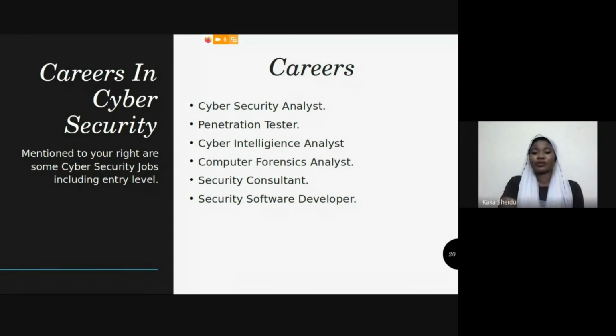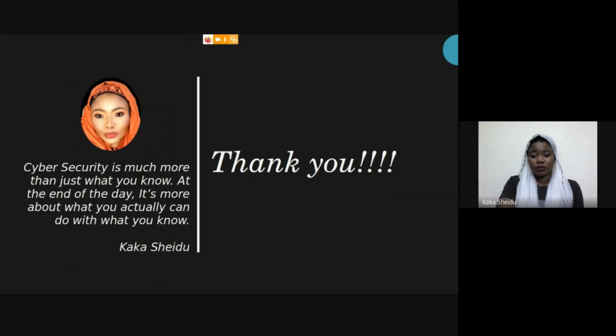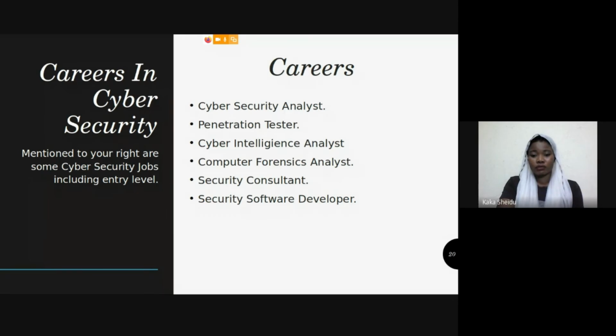But before you get to intelligence and computer forensics, like I said, the basic is your cybersecurity analyst role. You need a basic understanding of how security operations go and how to look for things by monitoring the logs. At least that is what is expected of you. But with luck, you can get the cyber intelligence analyst role if you pass the interview.